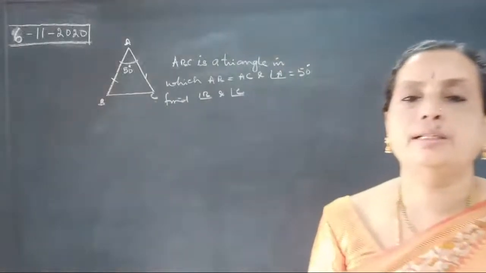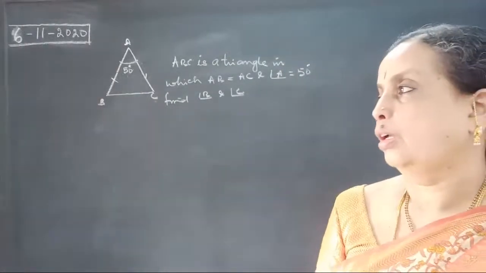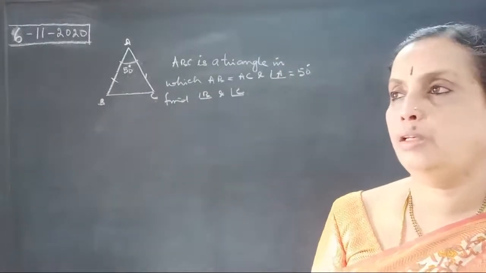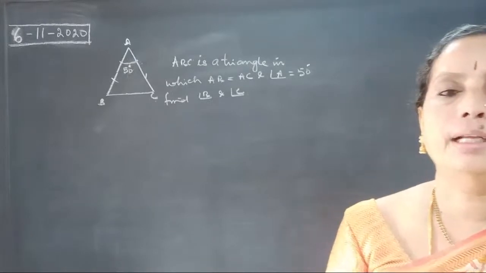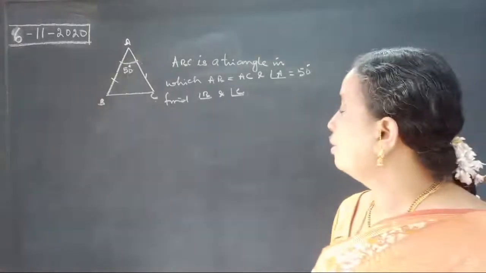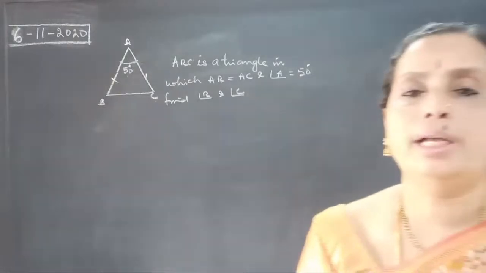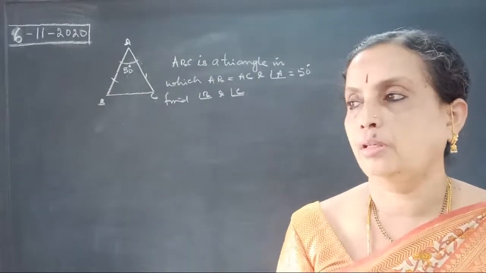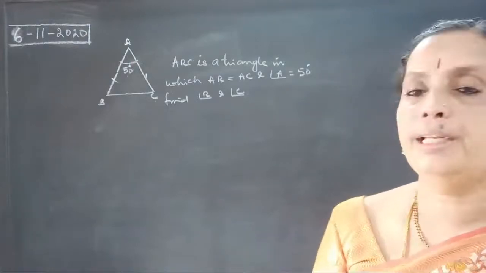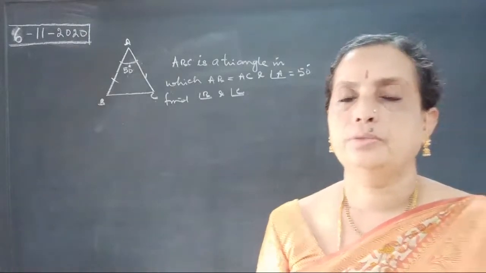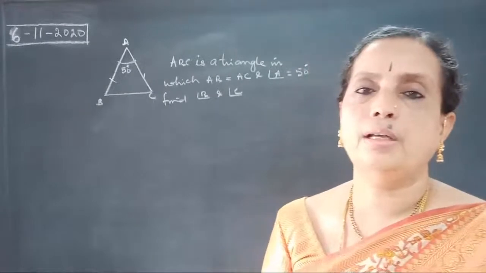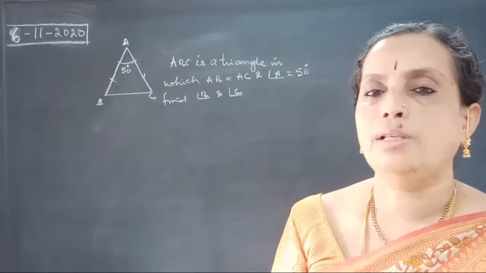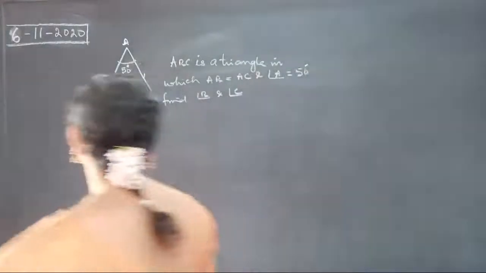ABC is a triangle with two sides equal. If the vertex angle is given as 50 degrees, we have to find angle B and angle C. They are 65 degrees each. This is also regarding the property of an isosceles triangle.